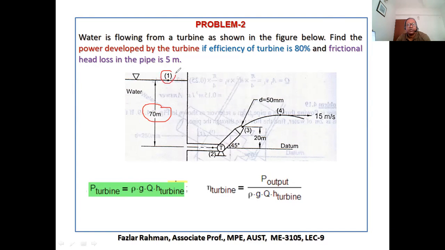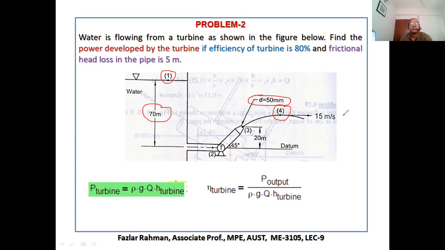This is point 1, this is the turbine, point 2, this is point 3. Point 3 is actually the diameter of the nozzle. They don't say nozzle, but from the figure you see it is kind of a nozzle. And this is the diameter of the nozzle, 50 millimeter. And they're giving one more point, point 4. At point 4, they're showing velocity, you see 15 meters per second.